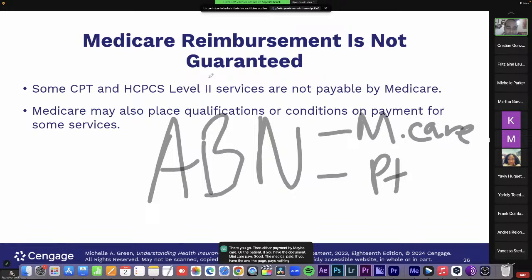If you have the document and Medicare says no, then you charge the patient. One day, you are going to be faced with this question on the day you take your exam, and hopefully you'll remember me saying: no advance beneficiary notice, no payment. Advance beneficiary notice, charge the patient if Medicare said no.